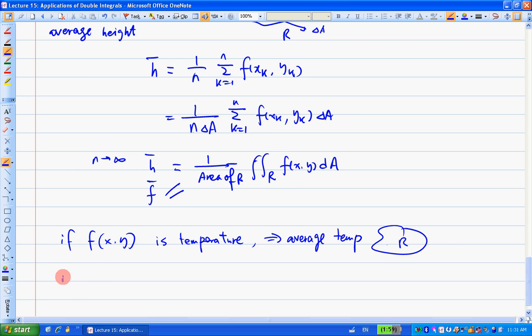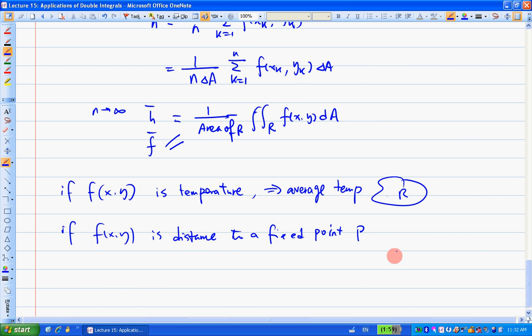Same thing if f here represents a distance. If f represents the distance to a fixed point P, then over this region R, this is the point P, and that's the distance.